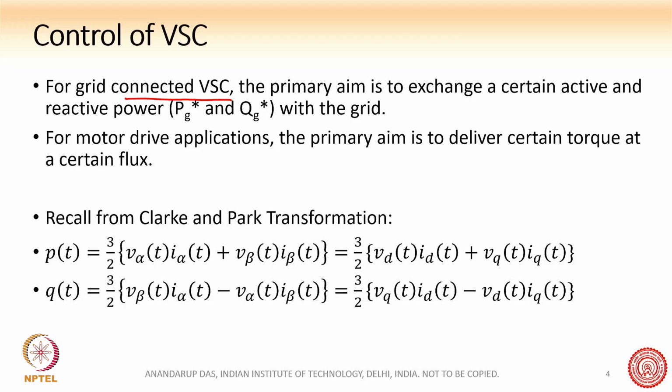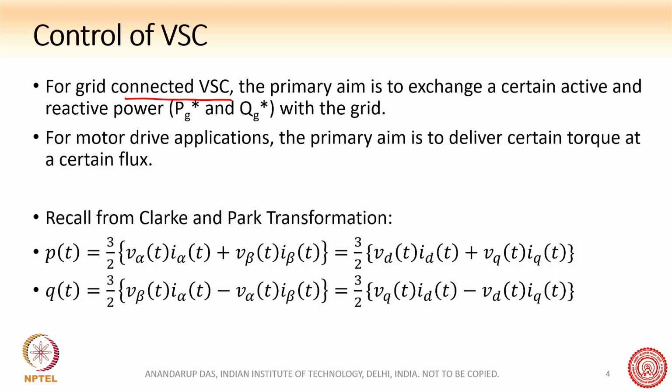For example, in a PV application we want to send power into the grid, whereas in a battery charging application we want to charge the battery by taking active power from the grid. Similarly, when there is a grid voltage sag, we want to inject a little bit of reactive power from the voltage source converter into the grid.